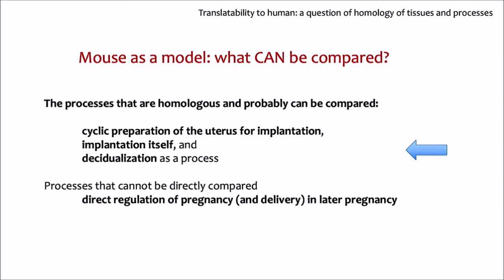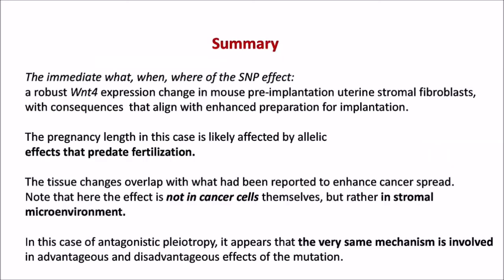What we probably cannot compare is the direct regulation of later pregnancy. So I think we are pretty okay with our model, and I think that the differences or the effects of our alleles that we are observing in transgenic mice are probably translatable.